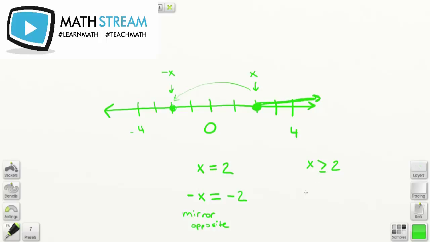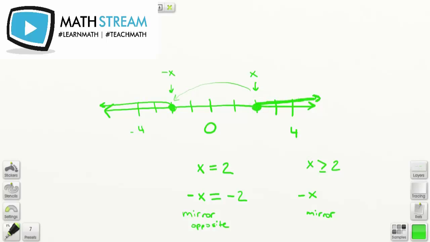And then I might ask the other question, which I asked before, which is, well, then what is negative x equal to? Well, negative x is supposed to be the mirror, right? Or the opposite of positive x. So what I would expect is that if positive x is here and above, that the mirror would be at negative 2 and below, which is correct.